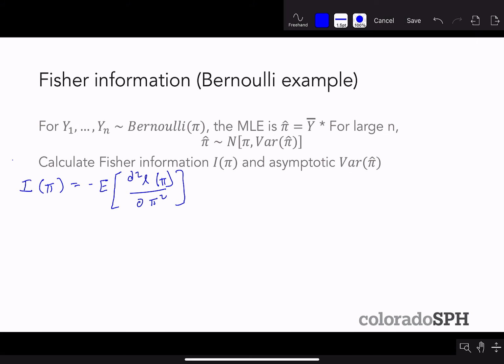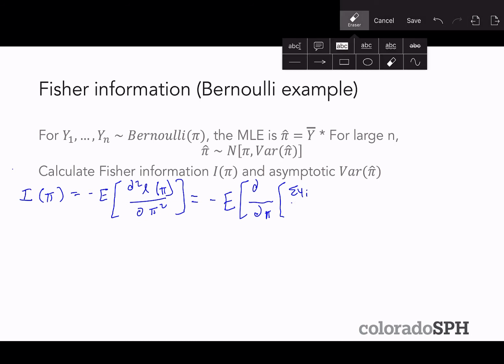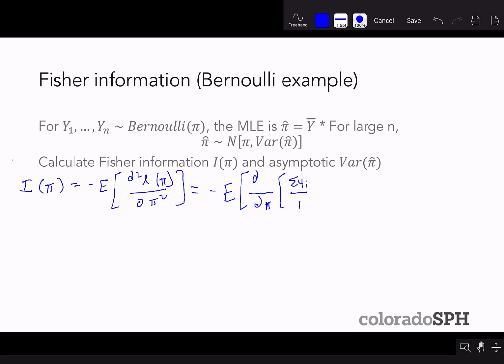And luckily, last time we calculated some of these values. So we know that this is equal to the negative expectation of the derivative with respect to pi of the quantity square root of yi over pi minus n minus square root of yi over 1 minus pi.